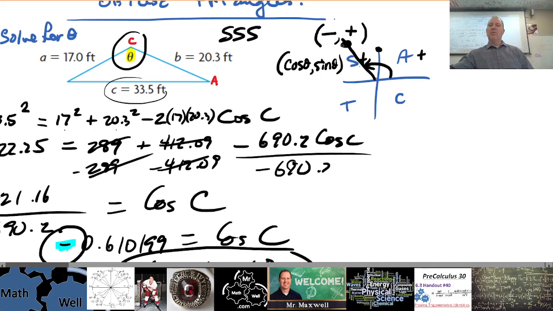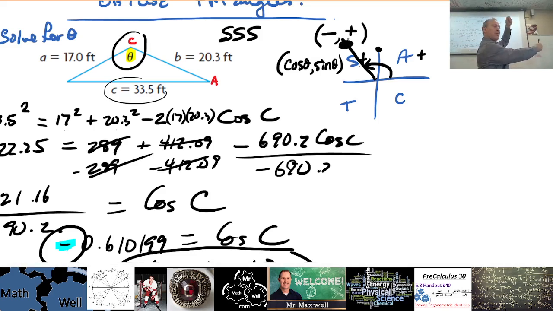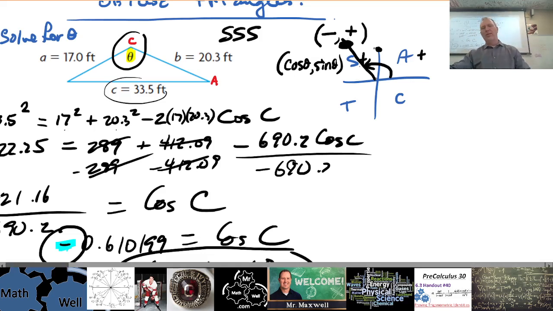So if you think about what the values for this point would be, you would have a negative x value and a positive y. That means we have a negative cosine and a positive sine. We won't focus on that until another class, pre-calculus, okay? We're going to focus on that in pre-calculus. But just so you know, there's lots of different reasons why the sine is positive in the second. That's one of them.